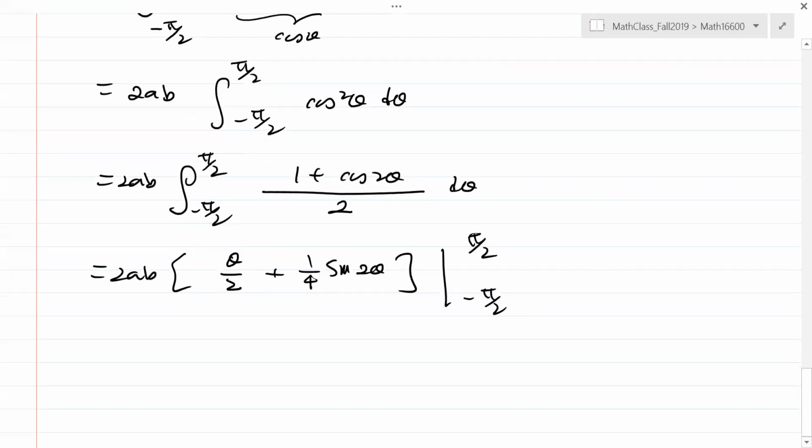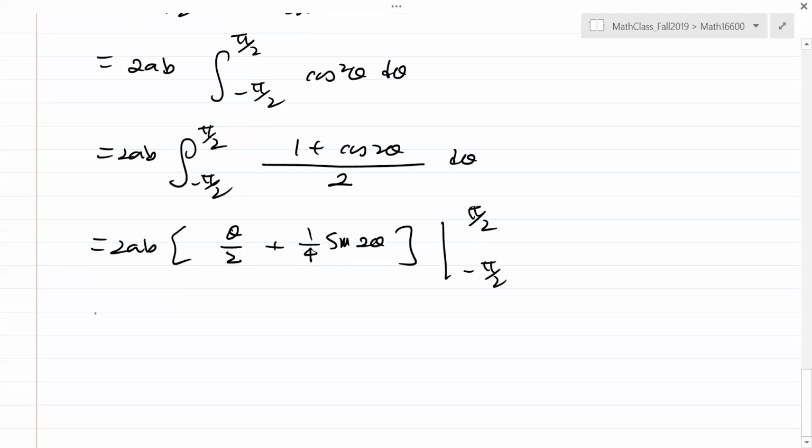Now, if you plug pi over 2 for theta into sine 2 theta, you get 0. So you can ignore the second part. The first part gives you half pi. Why?